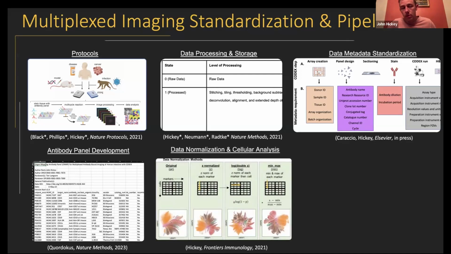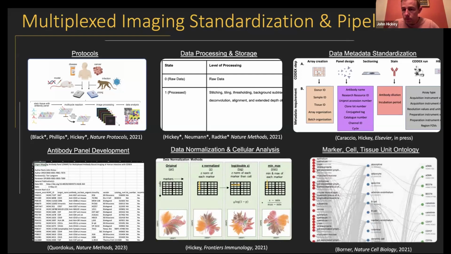How do you think about standardizing the data analysis and making sure that your measurements are going towards the cell types? And then how do you think about ontologies? A lot of these didn't necessarily produce the data that we're actually using for biological insights, but were really important steps in order for us to be able to trust the insights that we have.